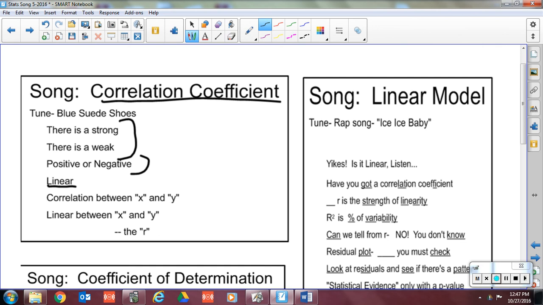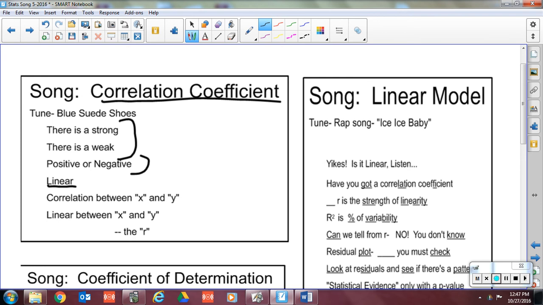One more time. There is a strong, there is a weak, positive or negative, linear correlation between X and Y. Linear between X and Y. And then I got to get the letter R in there, so I'm going to put the little jazz ending, the R, at the end of it.